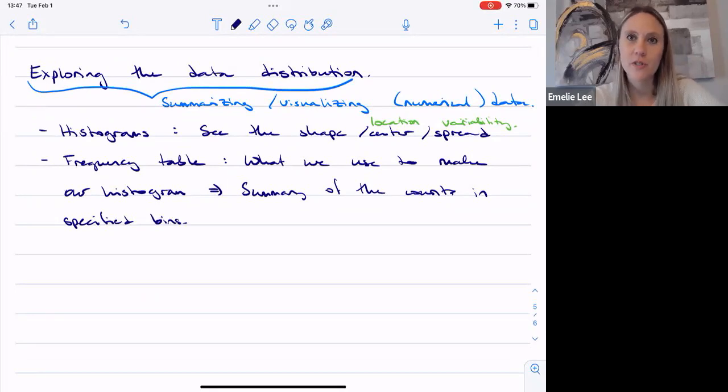So that's not very interesting. I prefer a histogram over a frequency table, and I think I'm not alone in this. When I look at a table of numbers, it's hard for my brain to think about magnitude. Comparing those raw counts is really hard.